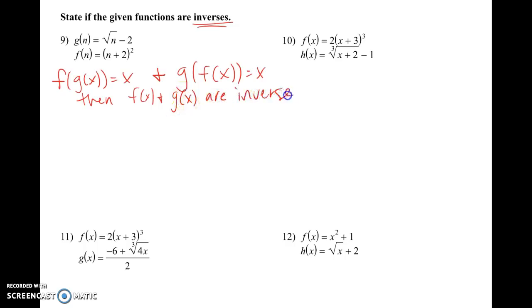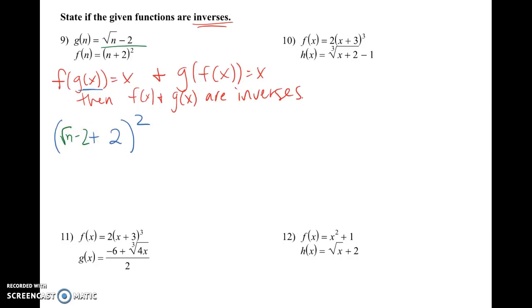So we have to check this. What this is saying is plug function g into function f. Here's function f, I have n plus 2 squared. And instead of writing n, I'm plugging in the function g, the square root of n minus 2.